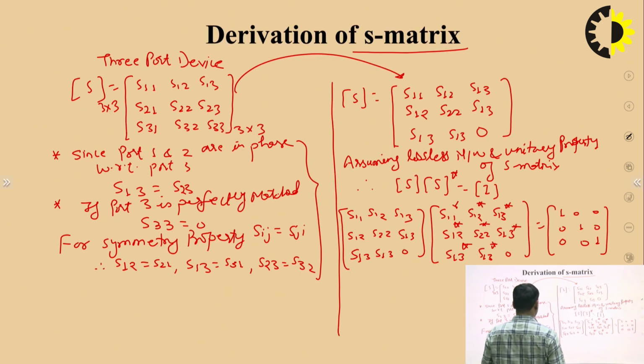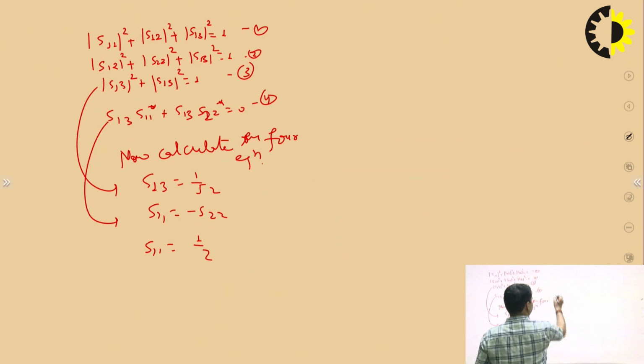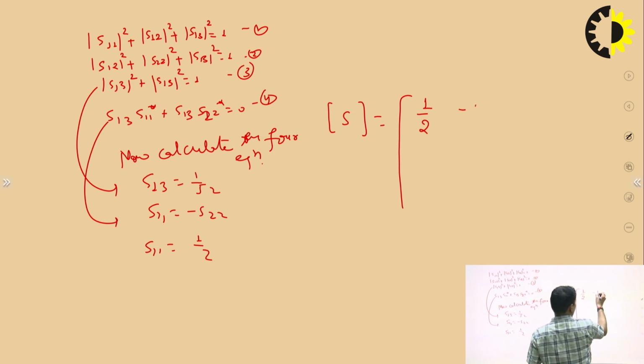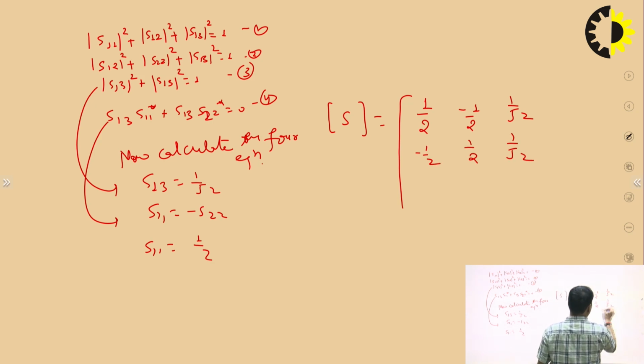So now the final value of this S matrix for the H plane T junction is 1 by 2, minus 1 by 2, 1 by root 2, minus 1 by 2, 1 by 2, 1 by root 2, 1 by root 2, 1 by root 2, 0 here.